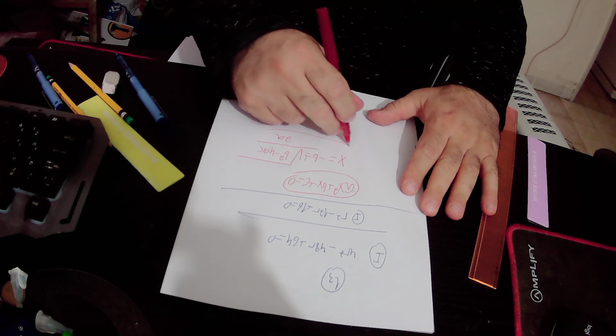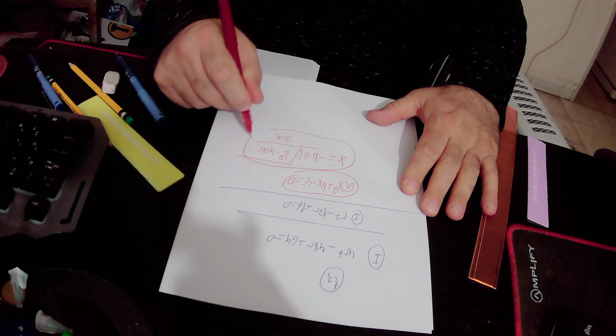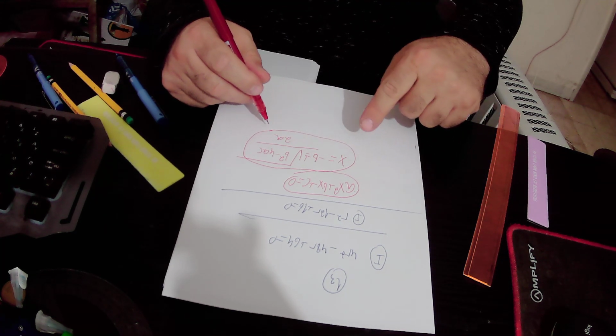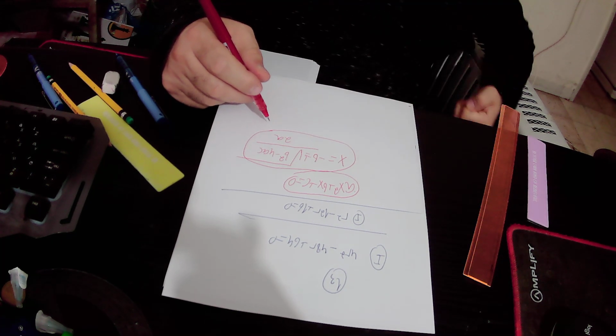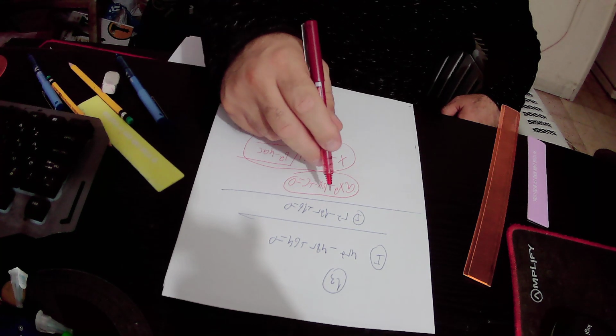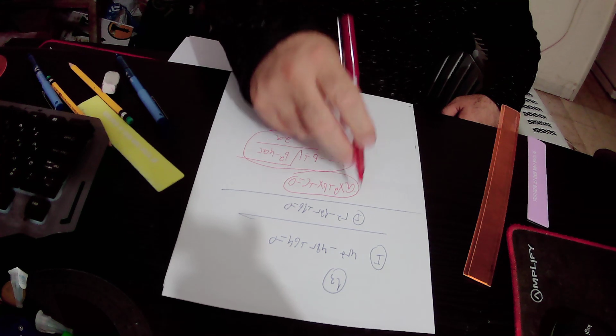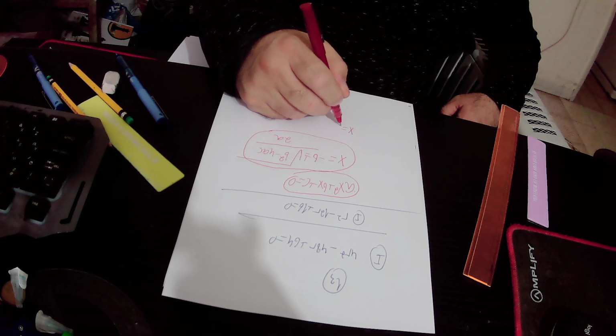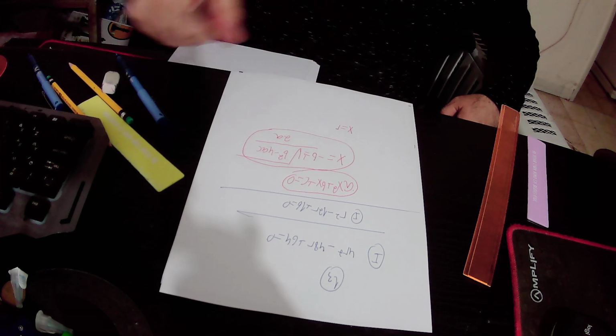Okay, when a, b, and c in this formula are the coefficients of this quadratic equation, and x is the variable that we are looking for. In our specific quadratic equation, the variable is r. The variable that we are looking for is r.